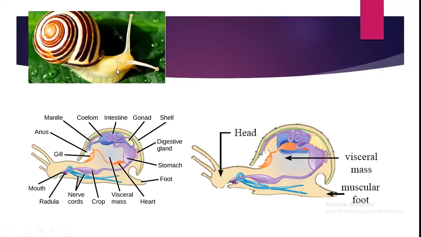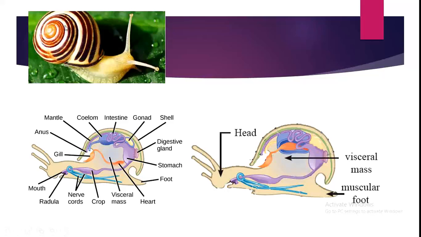Sometimes you may have seen the pathway of a slug or a snail appears as a shiny path because of this mucus. Some possess internal or external shells made of calcium carbonate.